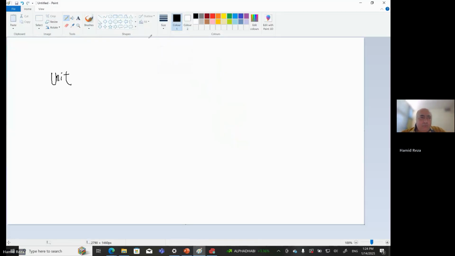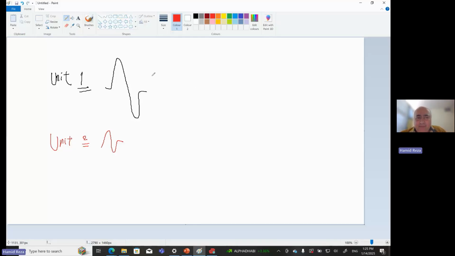Suppose that I have unit 1, something like this, and I have another one, something like this. That is the core item of the advanced template matching. And I'm going to provide it to you with a working example.